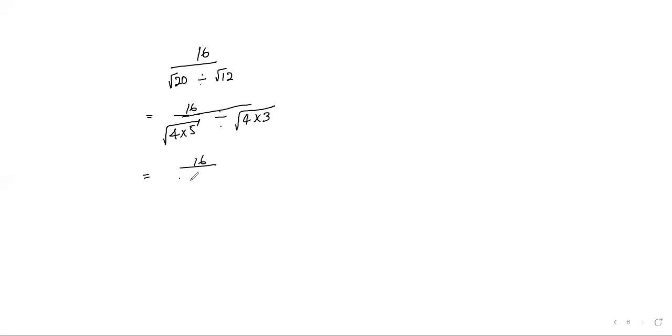That is going to be 2 root of 5 divided by 2 root of 3. That becomes 16 over 1 divided by, the 2 will drop, root of 5 over the root of 3.